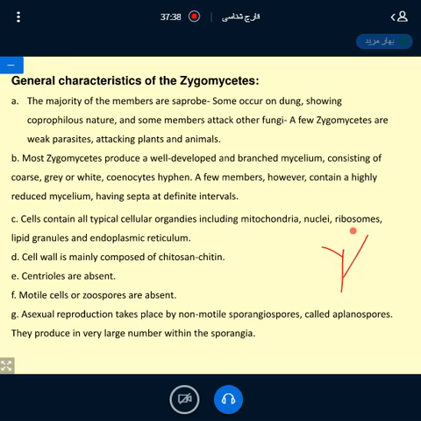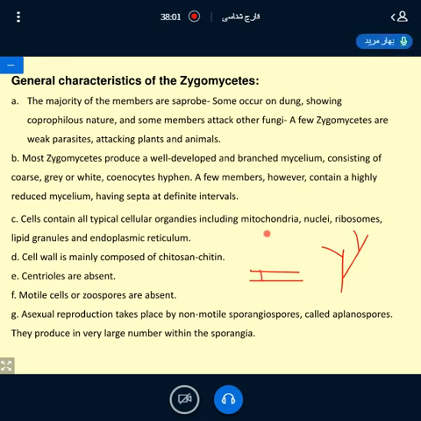Branched mycelium consisting of gray or white cenocytic hypha without septum.